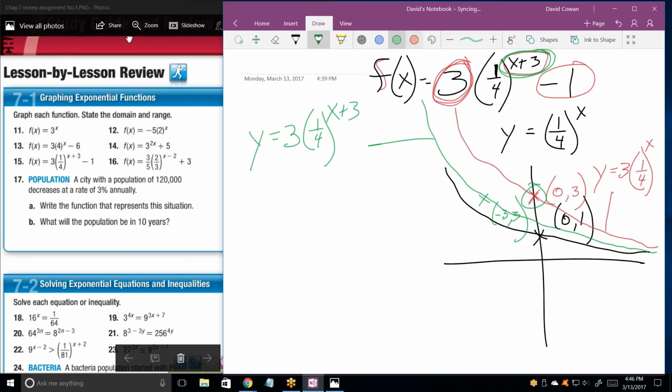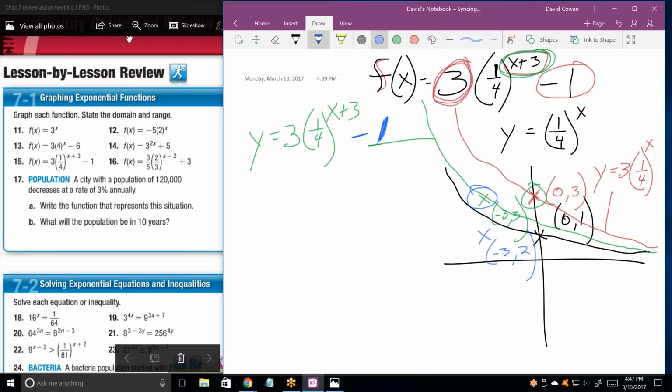Okay? So we have only one more to do. We'll do it in blue. And that's the easiest one, really, the -1. What does that do? Move it down 1. Okay, so what happens to that point? It goes down 1. So it becomes -3, 2.